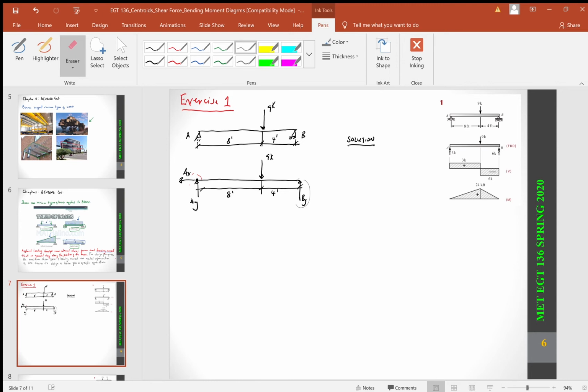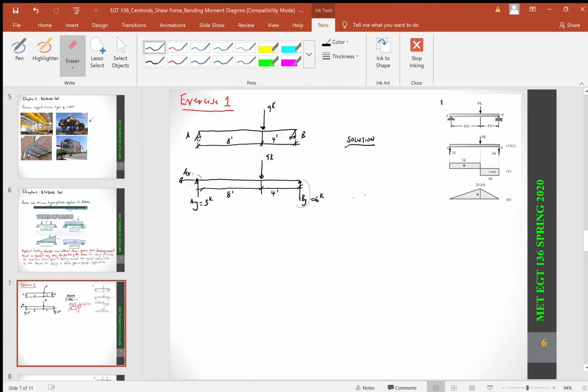We found our support reactions. BY happens to be 6, and AY happens to be 3. So now let's move forward, and we want to be able to draw our shear force diagram.